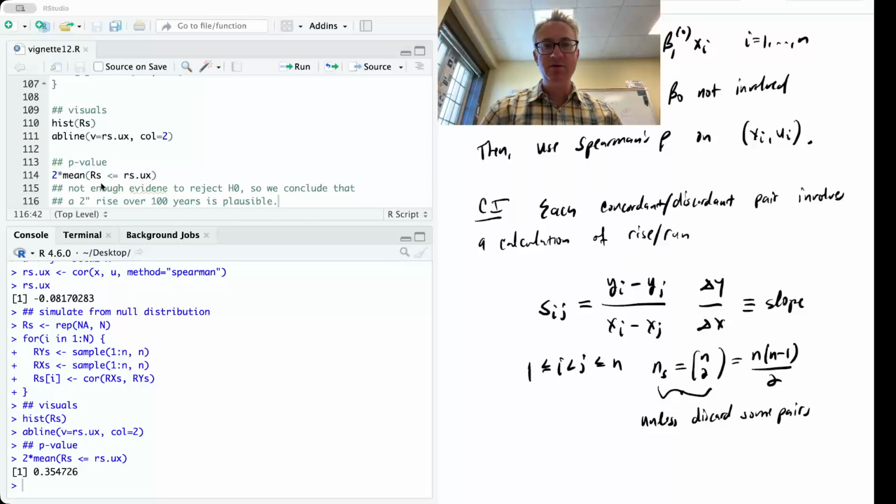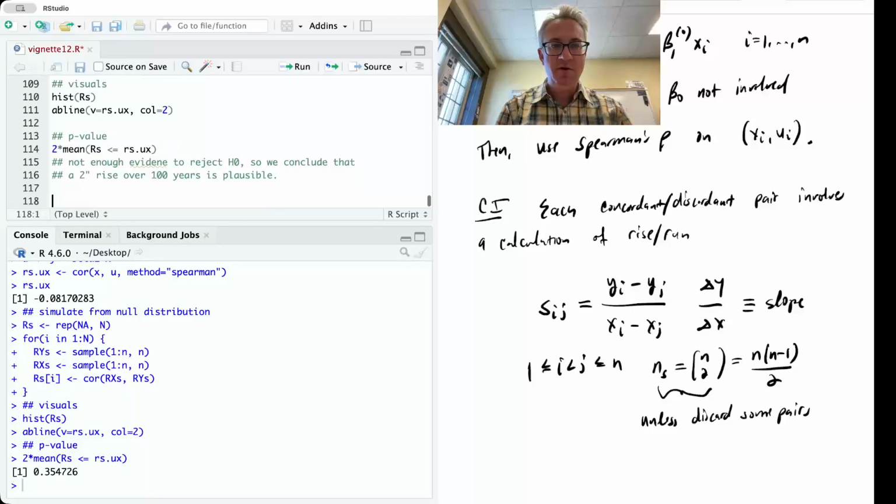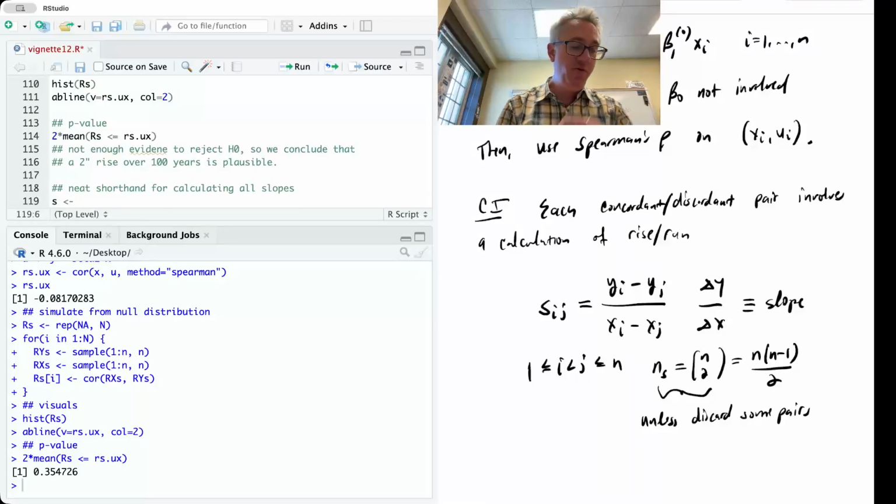Okay, so let's do this calculation in R. Neat shorthand for calculating all slopes. You can do a double for loop if you want to, but we talked a couple vignettes back about how an outer product can be used in lieu of a double for loop. So I want to calculate the outer product that involves differences in y's divided by the outer product that involves differences in x's.